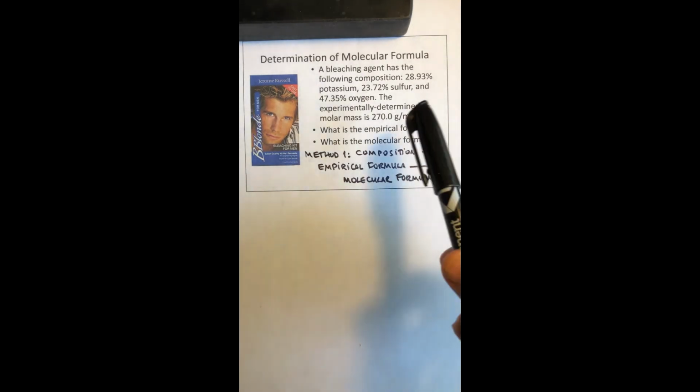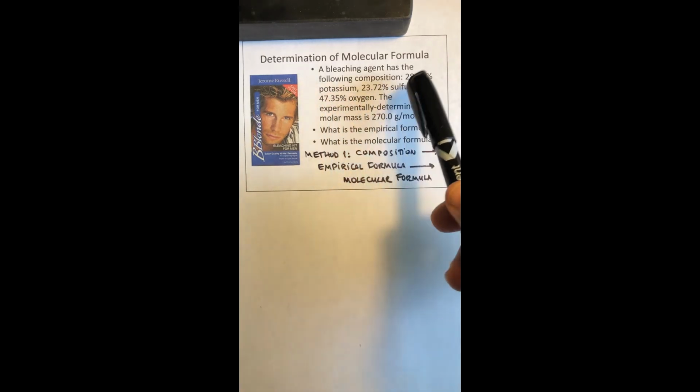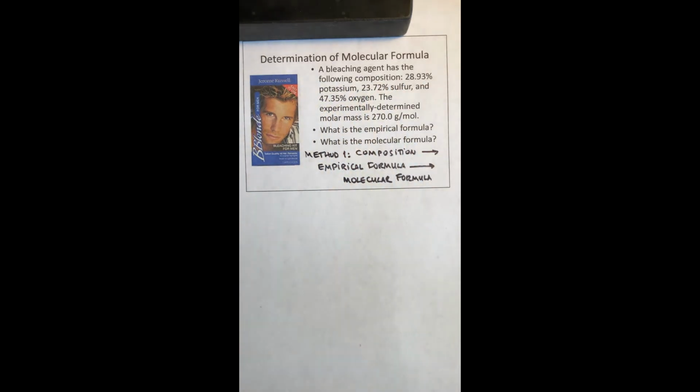Remember, when we took percent composition, we said, let's assume that we have 100 grams of compound. But what if, instead of ending there, we say, well, what if I had actually a mole of compound?